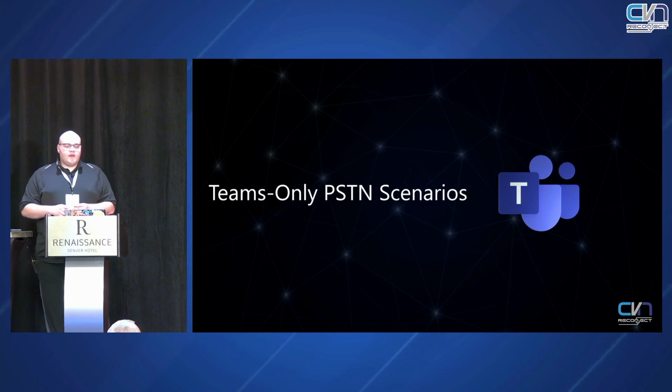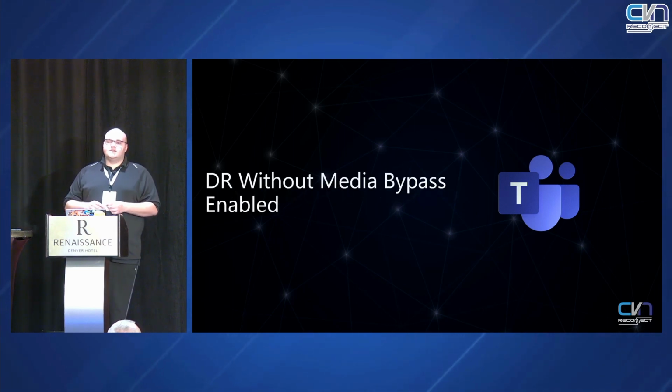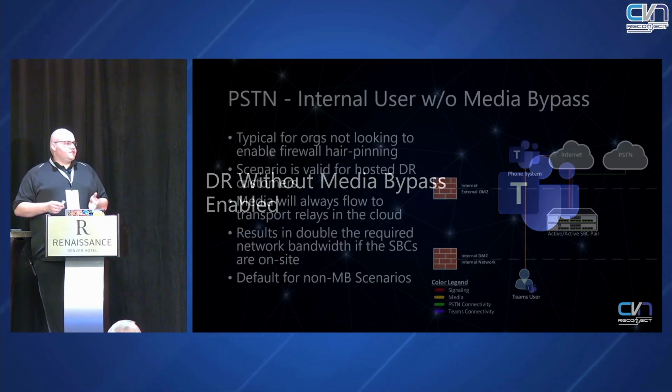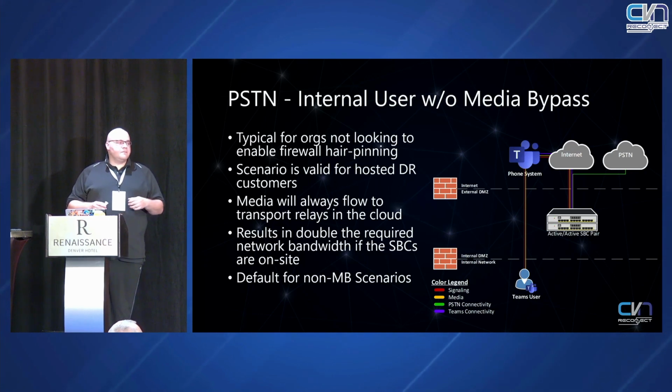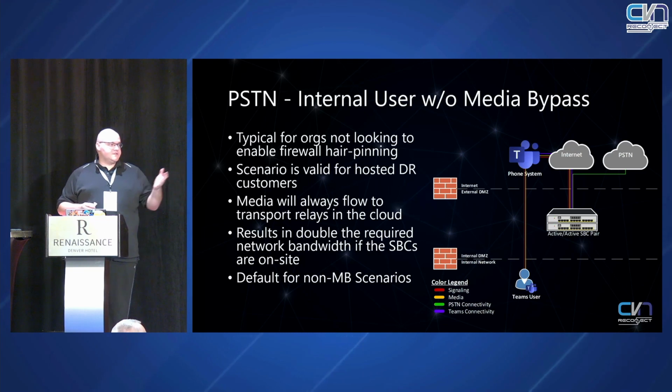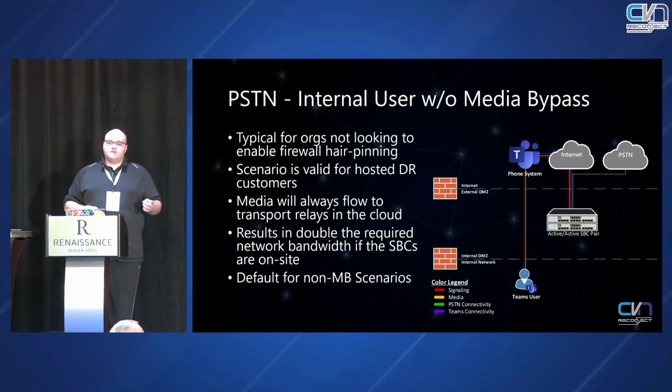The first one we're going to look at is Teams-only PSTN scenarios. The first part is direct routing without media bypass enabled. In this scenario, you've got a user that's internal to your organization, and an SBC HA pair, an active-active pair. Any call that goes out to the PSTN is going to go out to Microsoft Teams, come back in to your SBC, and then get routed to the PSTN.